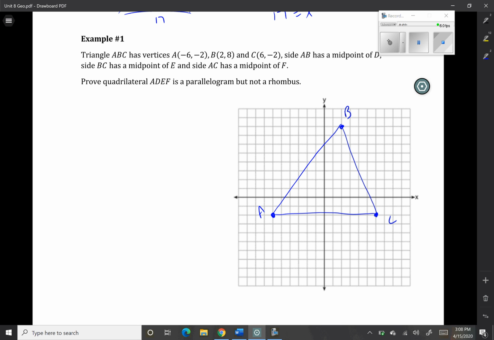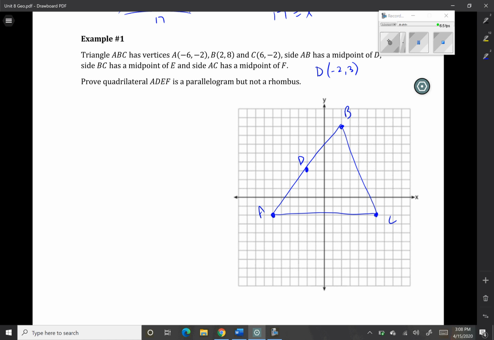So if I just go up 5 boxes, that's half. 1, 2, 3, 4, 5, and go over. I have my midpoint here. So this is point D at -2, 3. So point D is -2, 3. I like to write the coordinates down.